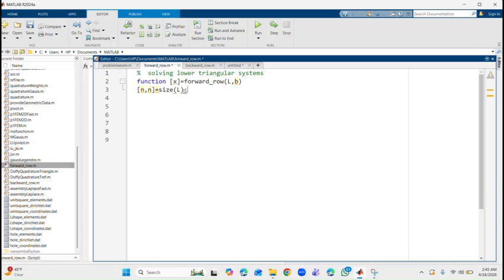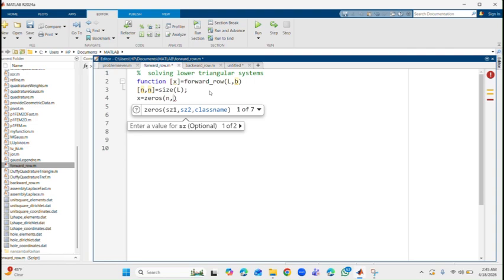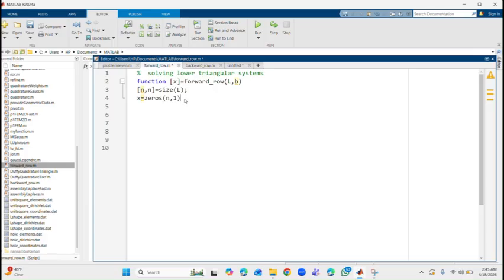Then I can store the x values that we are going to get, using zeros of size n, based on the size of the matrix. However, I'll store it in a column matrix with only one column.